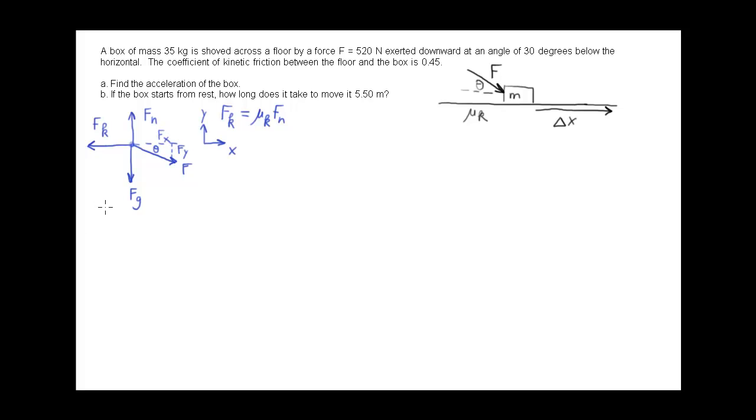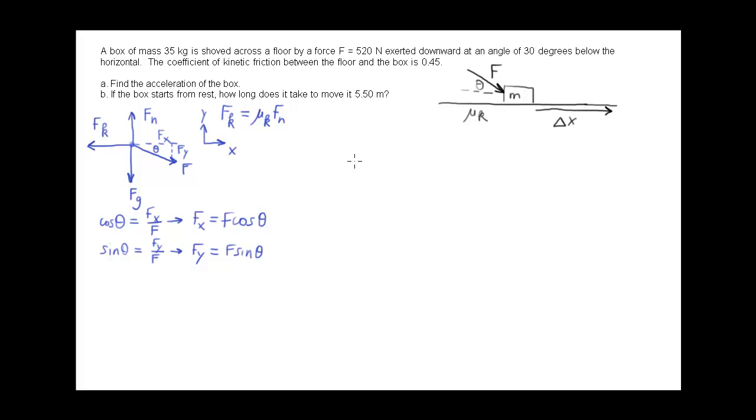And we can figure out what those are using a little bit of trigonometry, because the cosine of theta is F sub x over F, which means that F sub x is F cosine theta. And using very similar work, the sine of theta is the opposite side, or the F sub y, over the net force F, so that the y component of that force is F sine theta. Okay, we're ready to go.